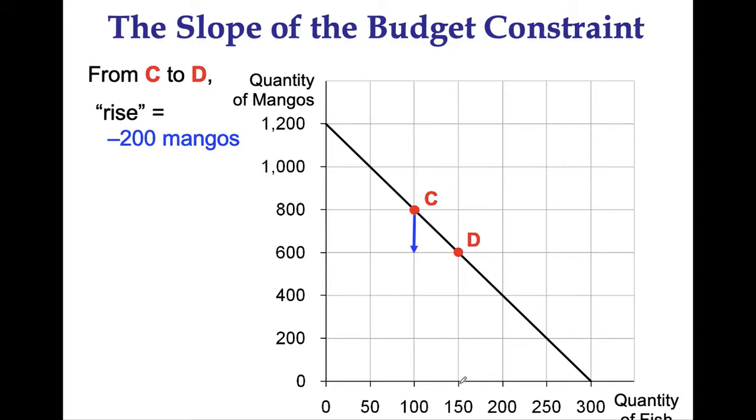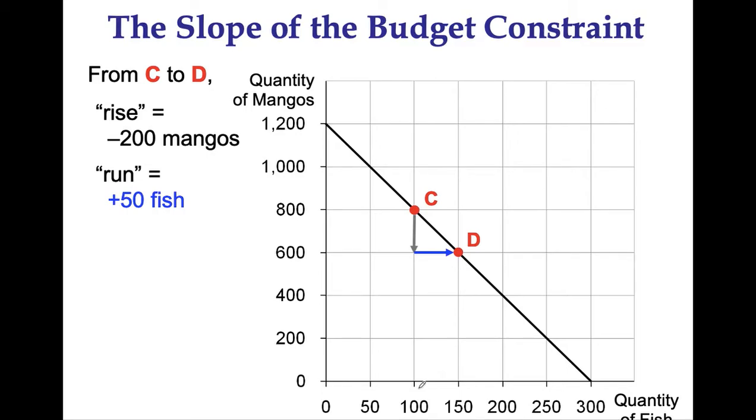So in order to get these 50 additional kilos of fish, he has to give up 200 kilos of mangoes. So his total spending does not change.